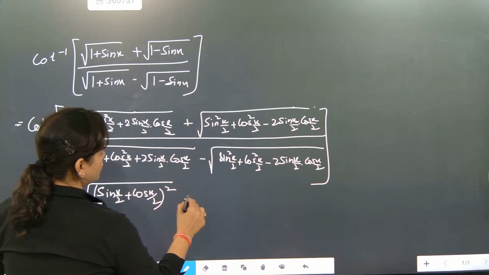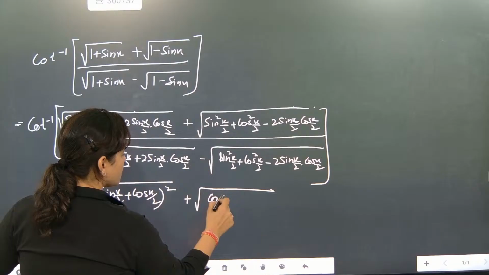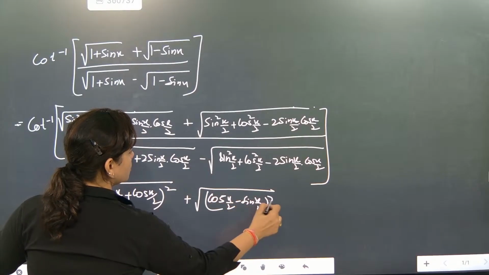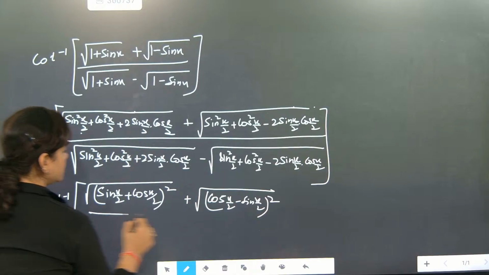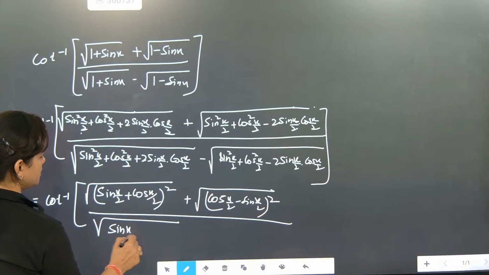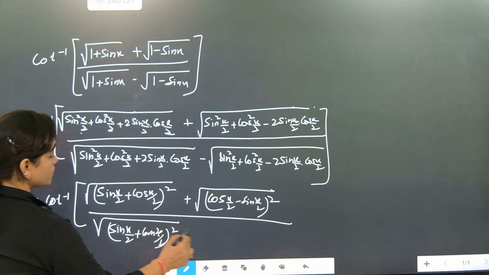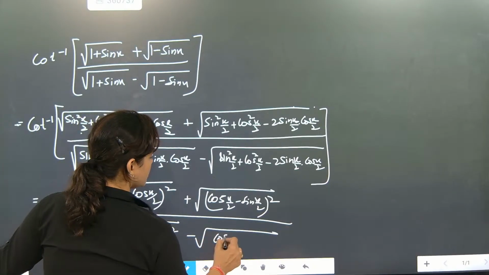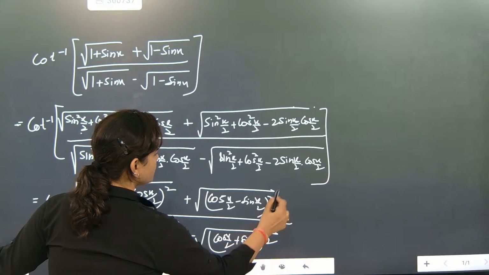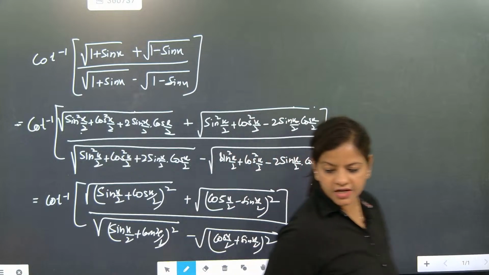Now, square and root will get cancelled. We can write here cos x by 2 minus sin x by 2 whole square root under. Denominator part: sin x by 2 plus cos x by 2 whole square minus cos x by 2 plus sin x by 2 whole square, root under. Now once you have written like that, root and square will get cancelled.